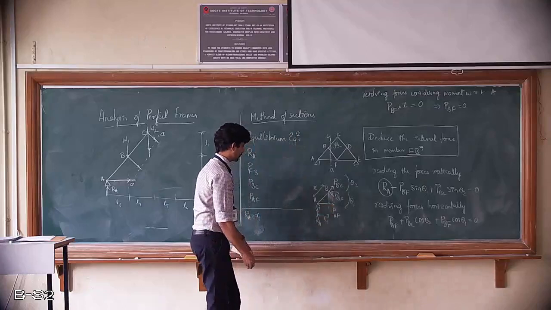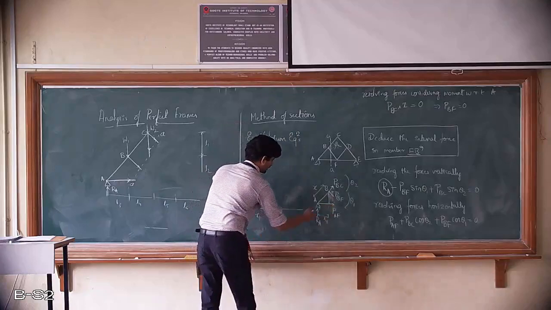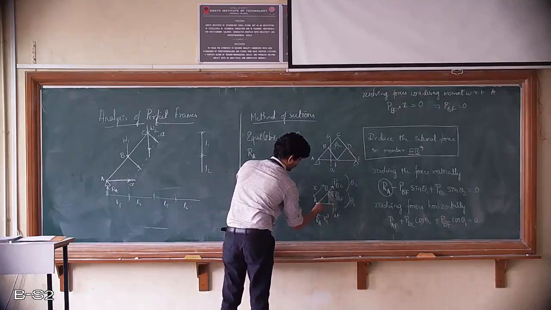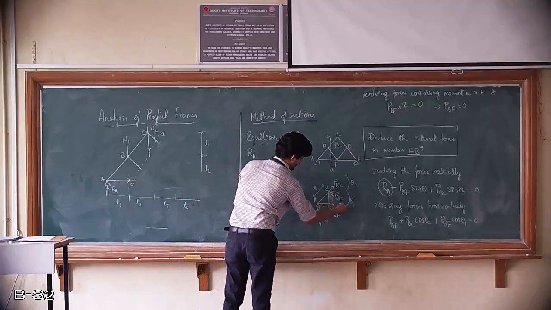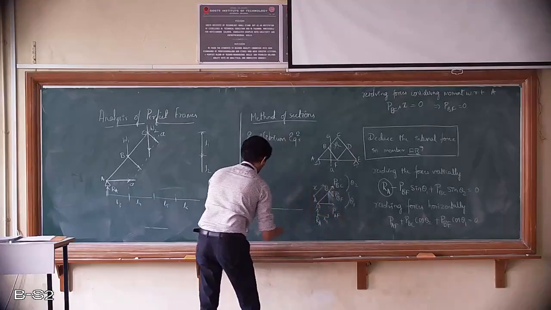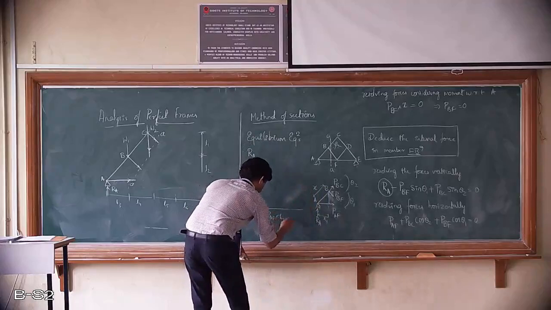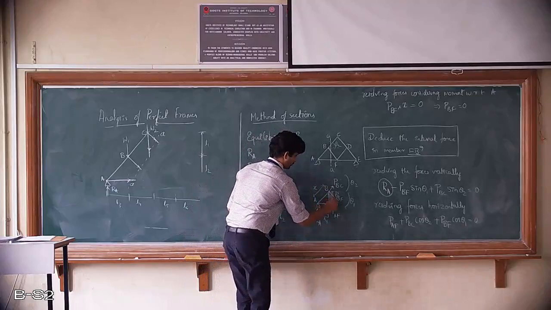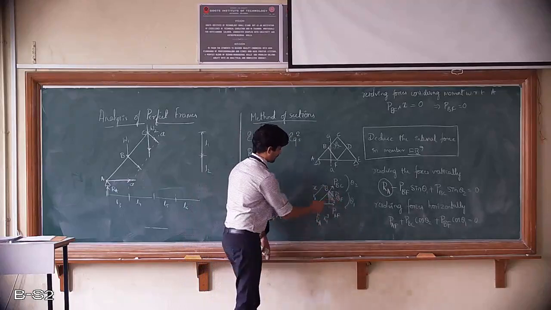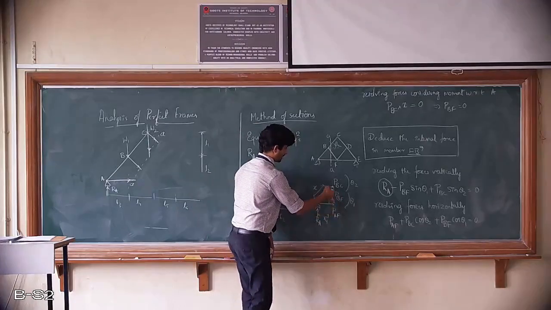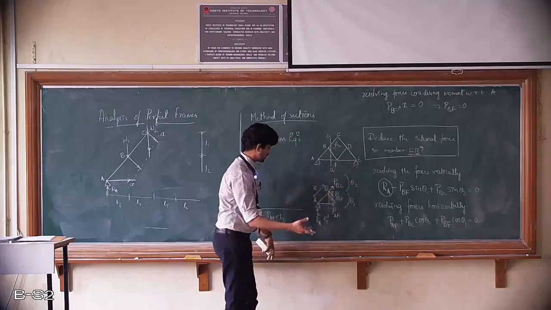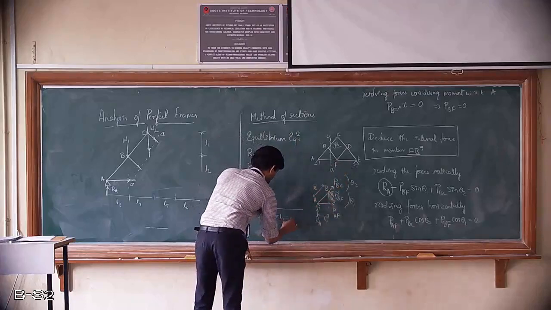Let us consider that to be x2, and this is acting anti-clockwise. So minus PAF times x2. Then PBF and PBC are acting from that particular joint, so there is no perpendicular distance. That should be equal to 0.